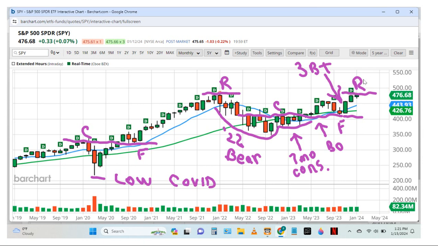So my bias on the overall market going forward for 2024 is up, and maybe sideways at some point during the year. We had a real strong November, December, and January looks like it's going to at least continue or go sideways. So I would say the S&P 500 looks bullish.